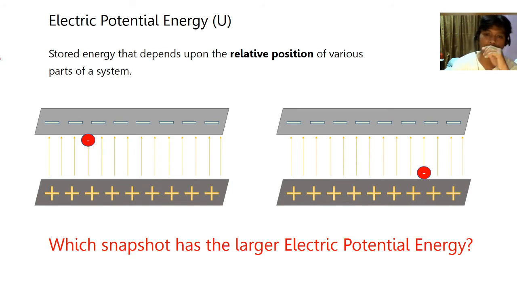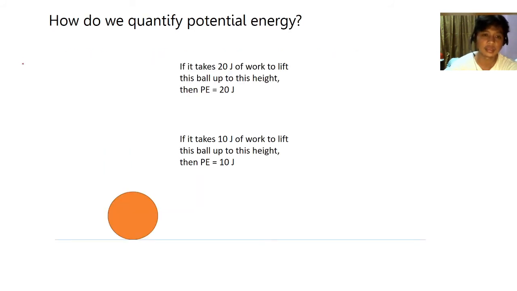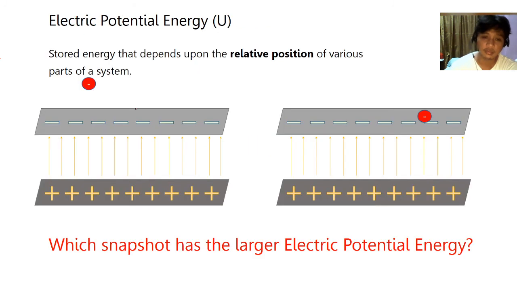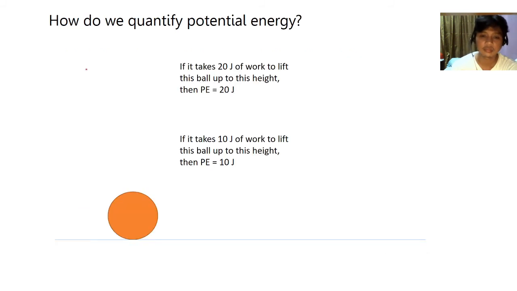Right. So how do we quantify potential energy? I've been assigning random values, right? I say this guy is 0 joules, the other guy is 100 joules, but we need to be able to quantify.